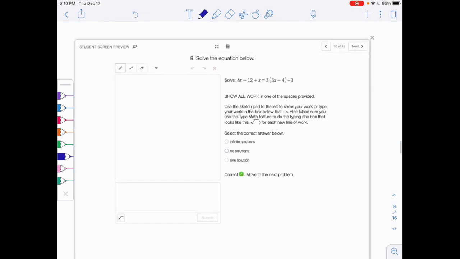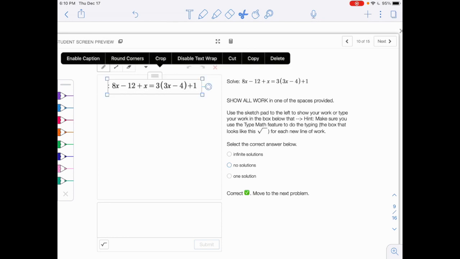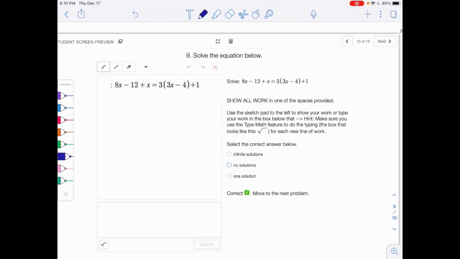Well, here we have another equation. So let's see, I'm going to combine like terms on the left side, so the 8x and the positive x to get me 9x minus 12 equals, and I'm going to distribute the 3 on the right side to get me 9x minus 12 plus 1. I'm going to combine my like terms here to get me 9x minus 12 equals 9x minus 11.